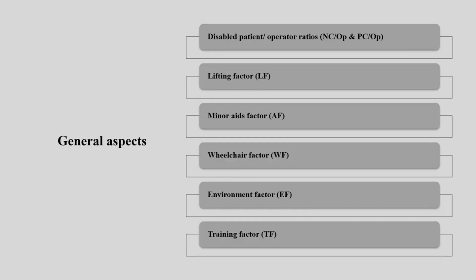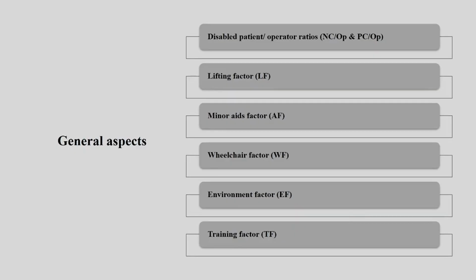We will be discussing how we calculate it. Then the minor aids factor, then the wheelchair factor, because we are talking about movement, from one place to another, patient handling, right. So, wheelchair is a very important factor in this index. Then the environmental factor and the training factor.